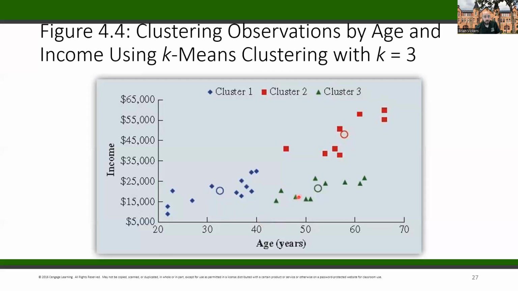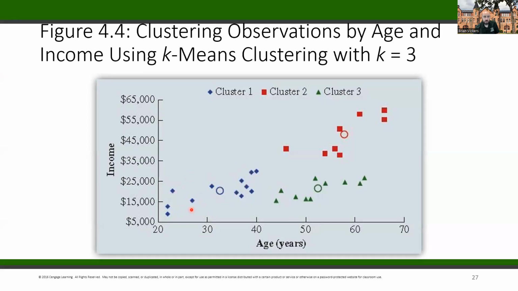goings on, right? We have one group where, if we looked at cluster one and we were characterizing it, we would say that cluster one, this blue one, is relatively young, and lower income.